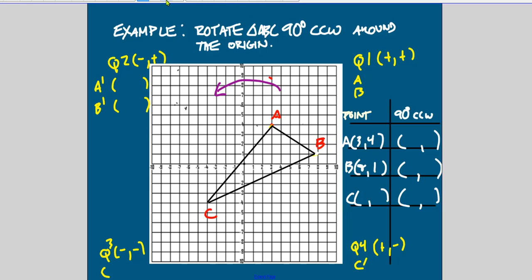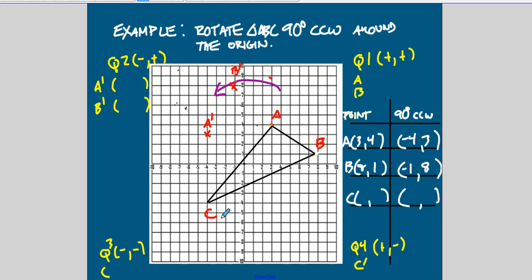So let's go ahead and do this. A is 3, 4, so A prime is going to be negative 4, 3. Let's plot that. That's going to be A prime. B, I swap it, that's going to be 1, 8. But because quadrant 2 is negative, positive, B prime is going to be negative 1, 8. Negative 1, 8 puts us right here. That's B prime.